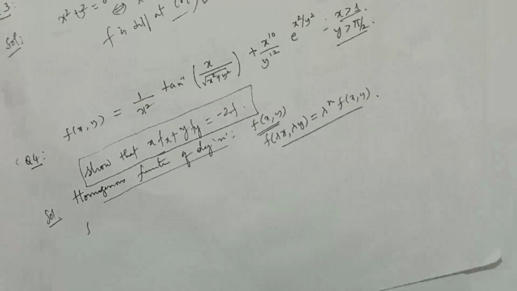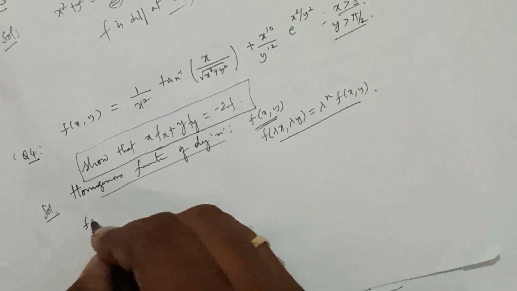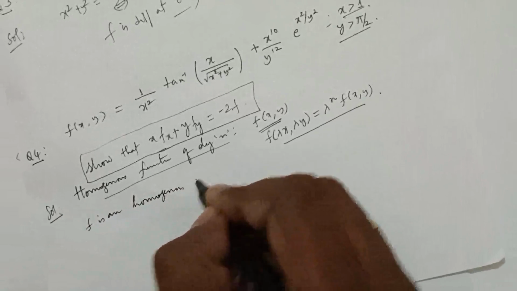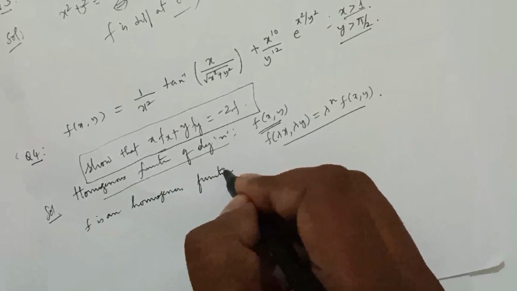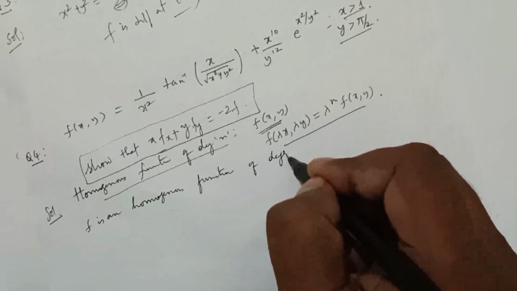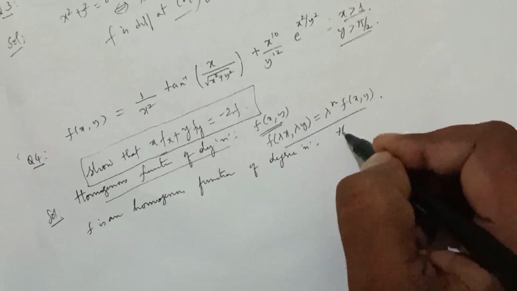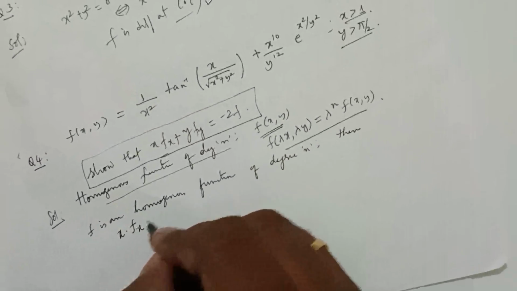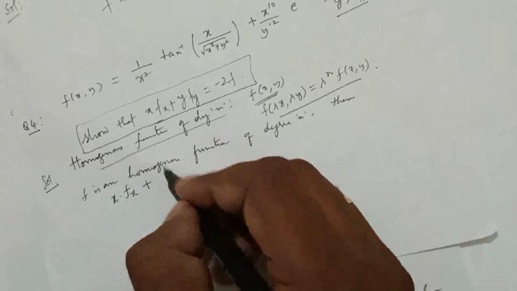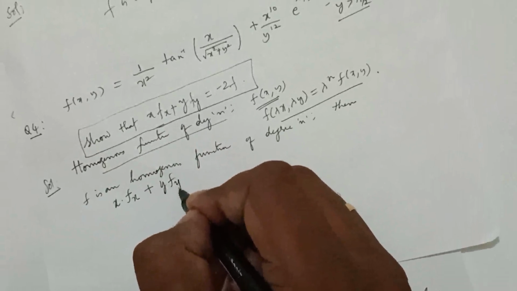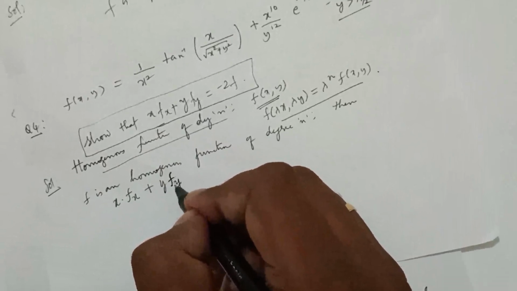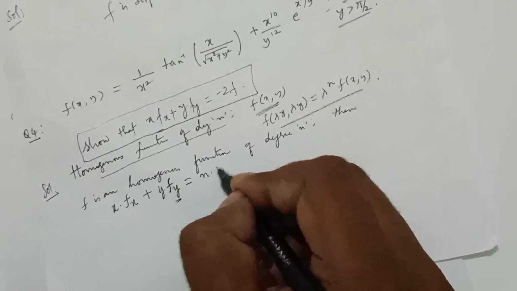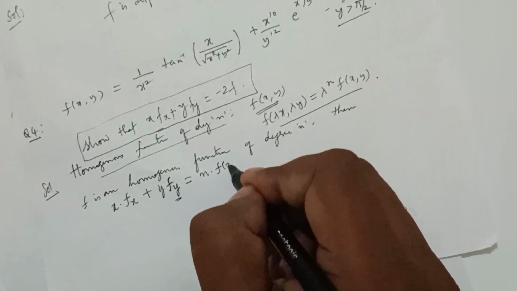Then we have one standard result which says if f is a homogeneous function of degree n, then x into the partial derivative of f with respect to x itself plus y into the partial derivative of f with respect to y itself is equal to n into f of x comma y.